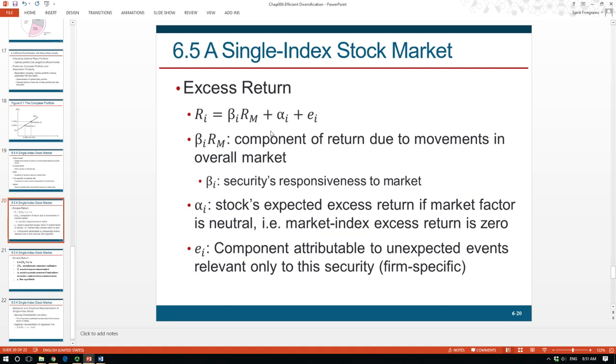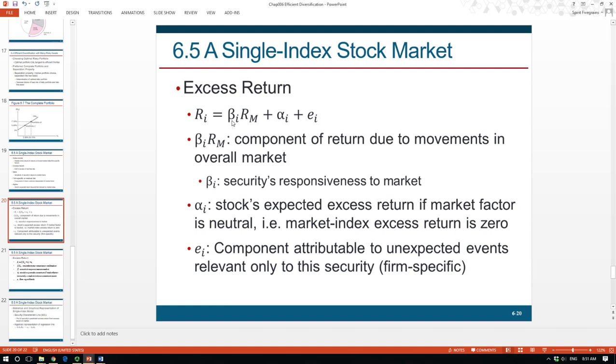The equation here has four components. On the left is the return for any individual security, R_i. And the return on an individual security has three components. First one is beta_i times R_M. What does that mean? R_M is the return on the market, and beta_i measures the correlation between the individual stock and the market.